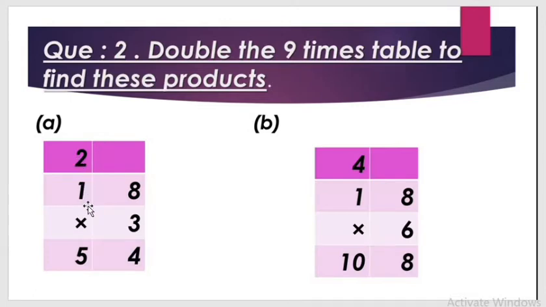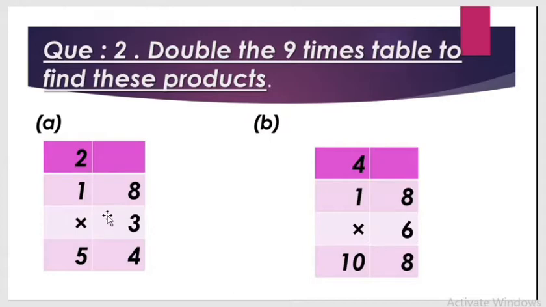First of all, what is the double of 9? The double of 9 is 18. 18 multiplied by 3: 3 eights are 24, sorry, not 14. 3 eights are 24.